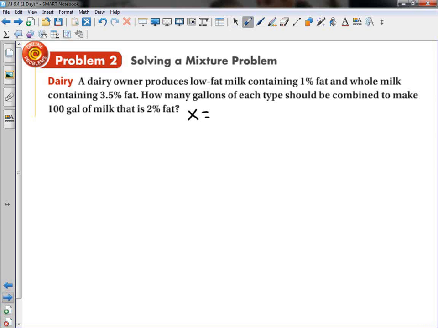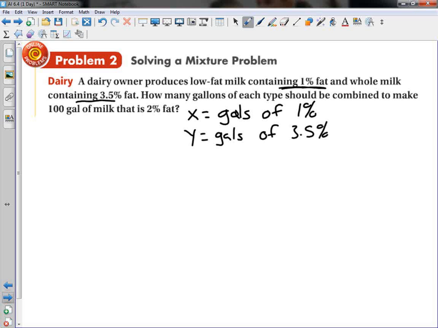I'll say x will be, because I need to know how much 1%, so x is going to be my gallons of 1%. Y will be my gallons of 3.5%. And I'm going to mix those together, and my product should be 100 gallons of 2% fat.